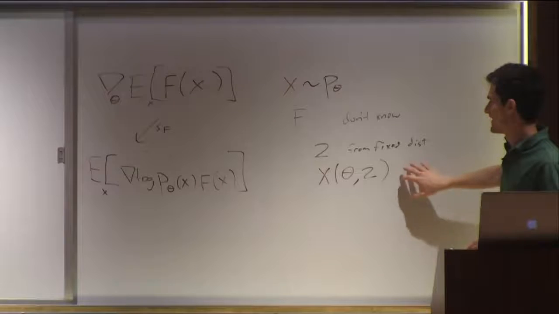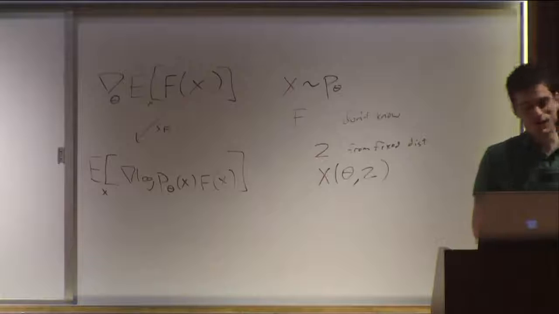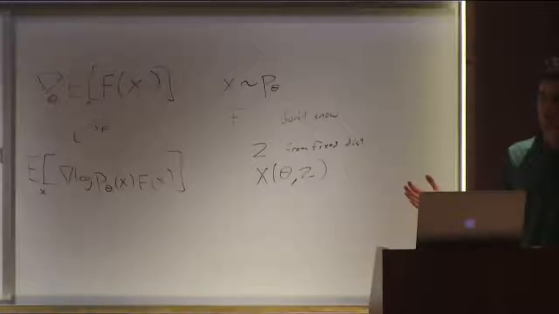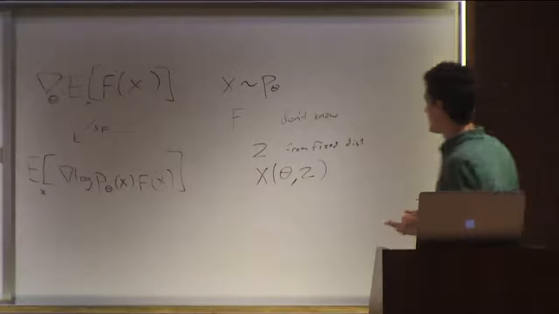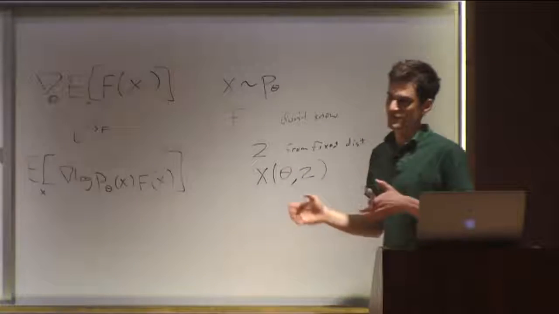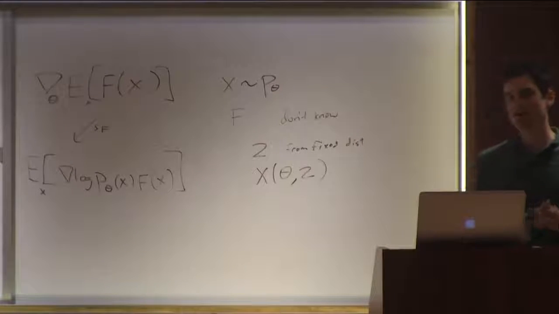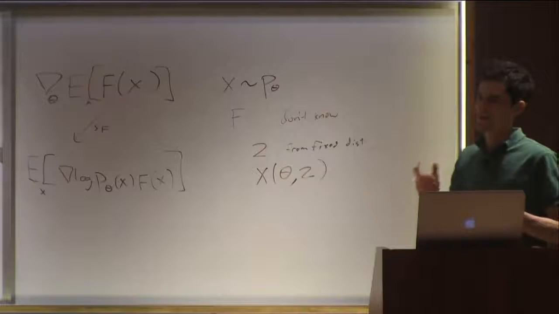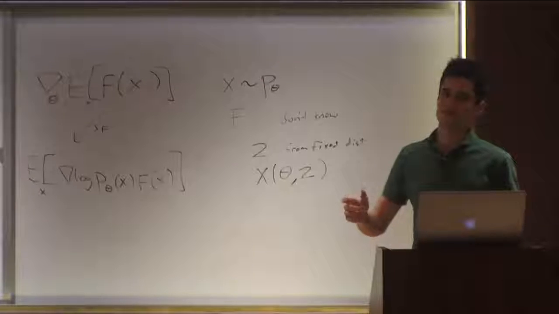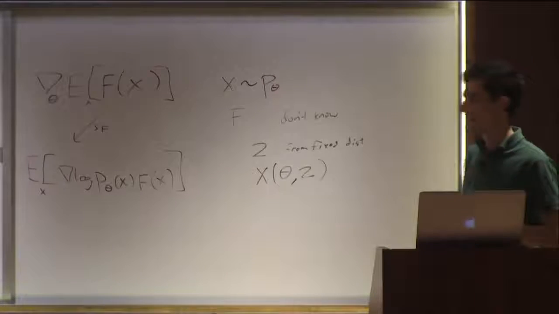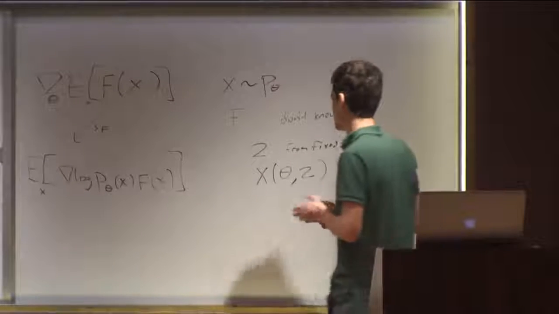If you're actually writing a computer program to sample from some probability distribution, you sample from some fixed distribution, such as uniform numbers, and then you transform it by applying a certain function to get the distribution of interest. In particular, what you're going to use is the inverse cumulative density function. If you plug in a number between 0 and 1 into the inverse CDF, then it outputs a sample from the distribution. That's how you can sample from any continuous distribution in one dimension.